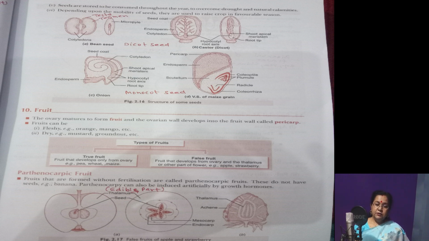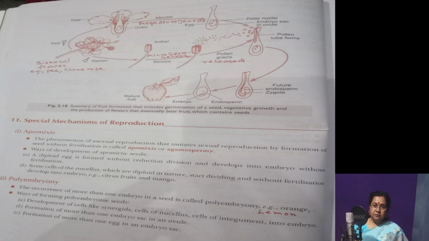Now if we see some special modes of reproduction, they are called apomixis and polyembryony. Now what is apomixis? Apomixis is a phenomenon of asexual reproduction, but it imitates sexual reproduction by formation of seeds without fertilization.